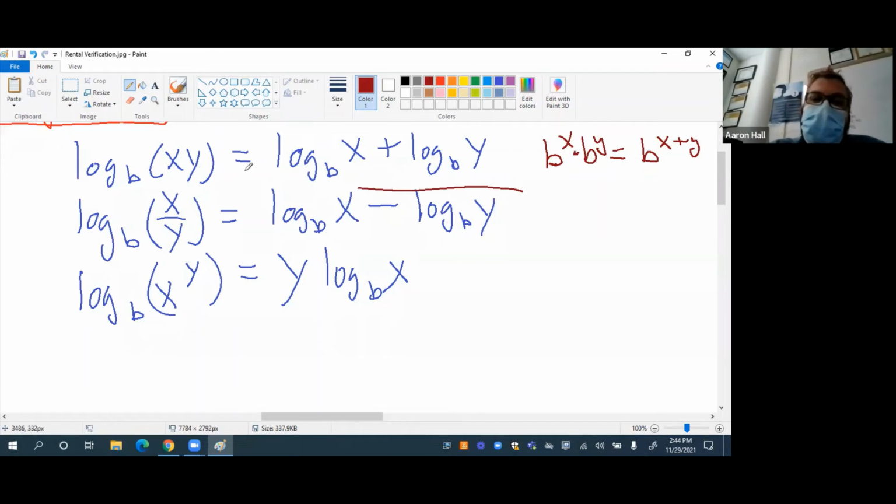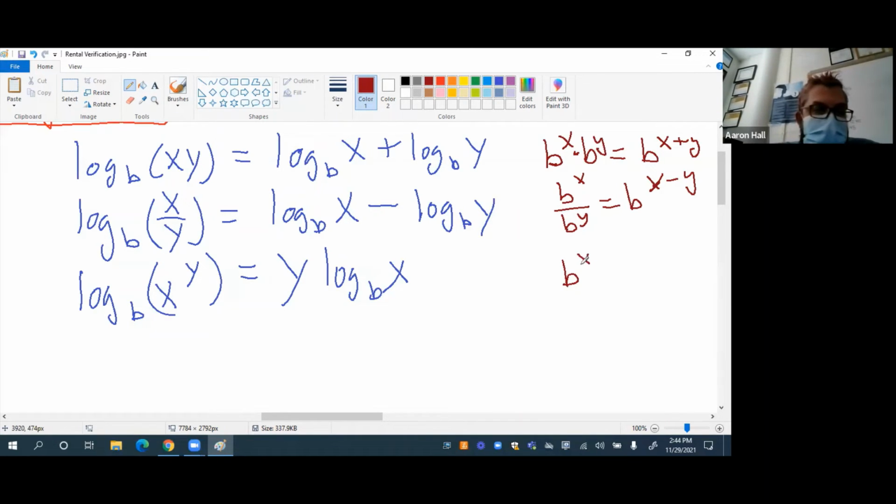And the second one has a feel similar to b to the power of x over b to the power of y, which we rewrite as b to the power of x minus y. I'm not sure what the other one would be. Maybe b to the power of x, to the power of y, would give you b to the power of x times y, maybe.